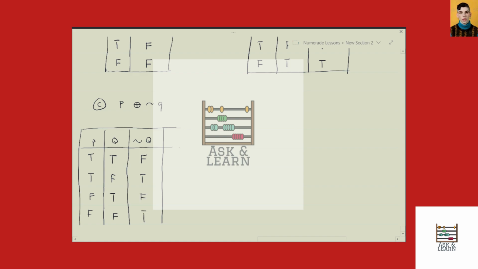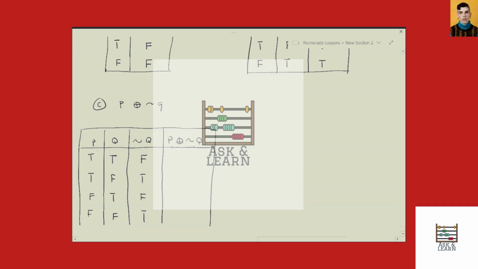Okay. And now we are looking at the exclusive or for the P and the negation of Q. So here we look at this and that, or we look at this and that. The first column and the third column.